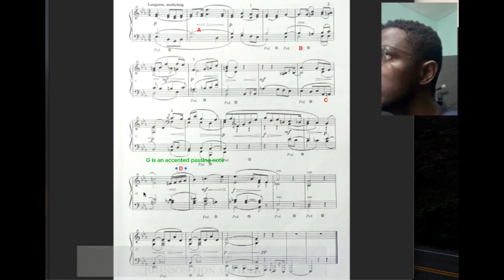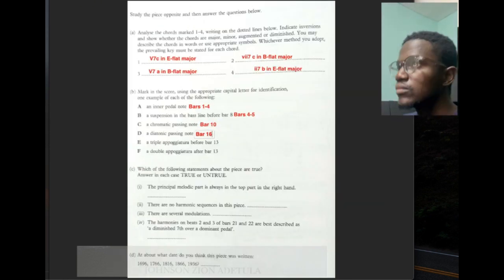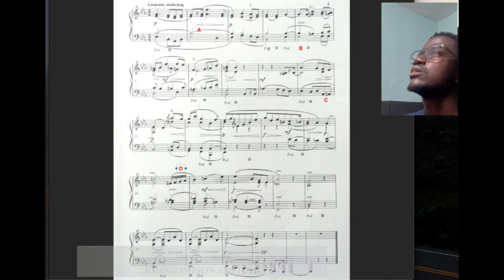This is bar 16. A triple appoggiatura before bar 13, a double appoggiatura before bar 13. Okay, we saw this earlier when we were looking for the passing notes. These are two notes, non-harmonic note falling, so this should be a double appoggiatura in bar 4.